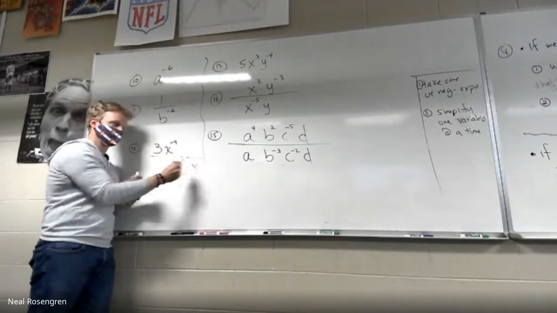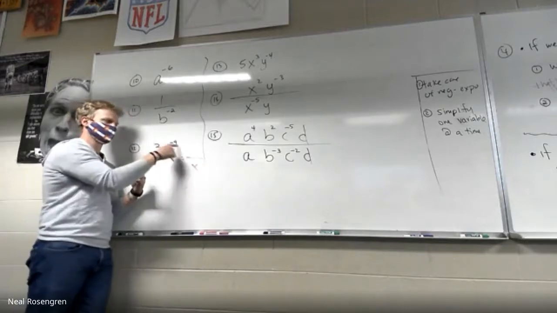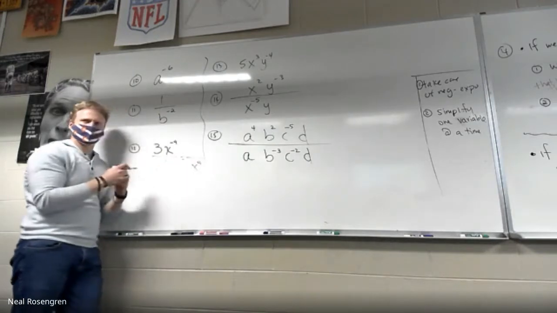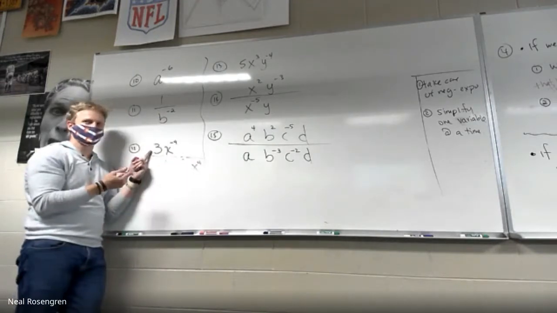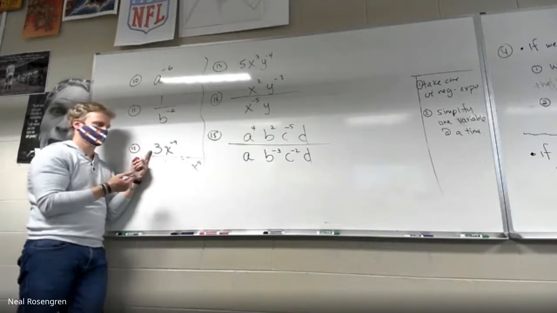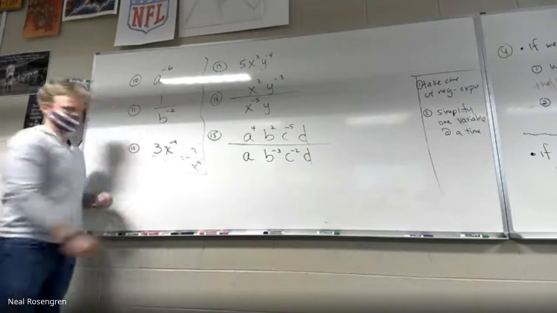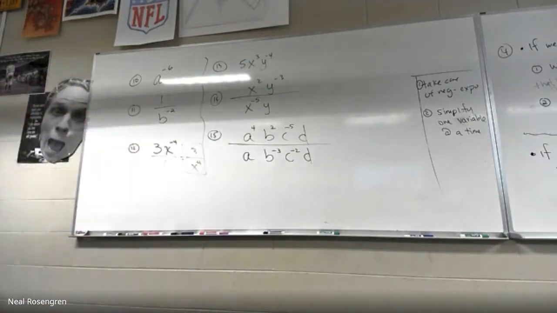It's got to come down to the bottom. And once it does, what happens to the exponent? What about the 3 then? What do we do with it? So using fractions from the beginning is always a good idea if you're feeling like you don't know where stuff's supposed to go.